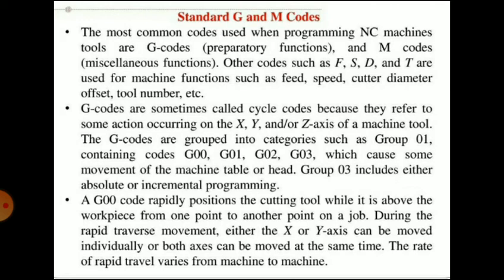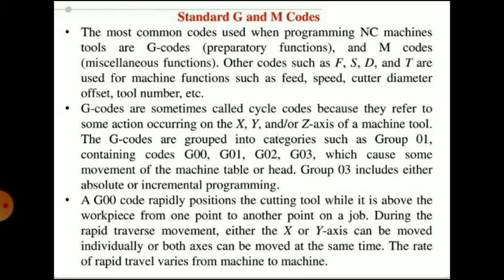A G00 code rapidly positions the cutting tool while it is above the workpiece from one point to another point on a job. So G00 is generally used for the rapid travel of the tool. No machining operation is carried out during the rapid movement of the tool.